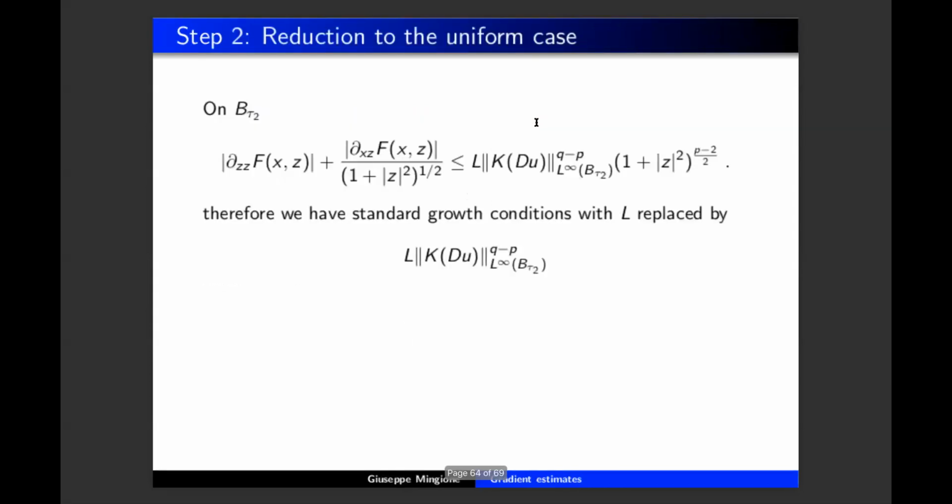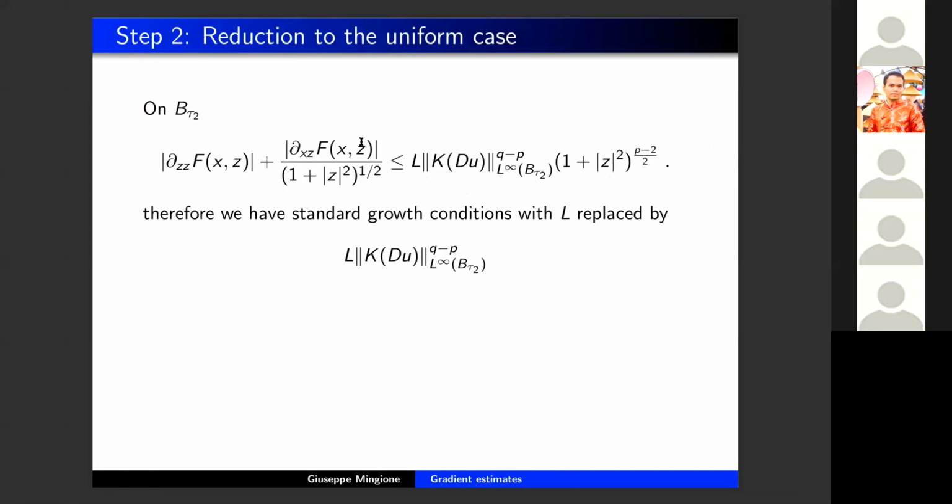In the case p different than q, I take a ball, and of course I can trivially bound this. Z is the gradient, and I can pull out trivially the L infinity norm of the gradient by making the problem uniformly elliptic again.